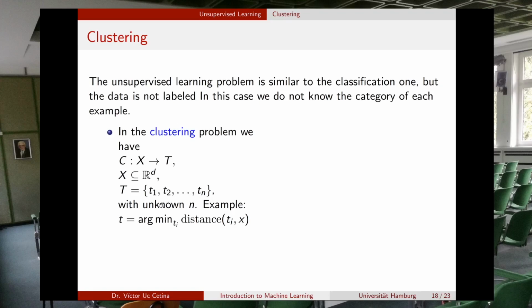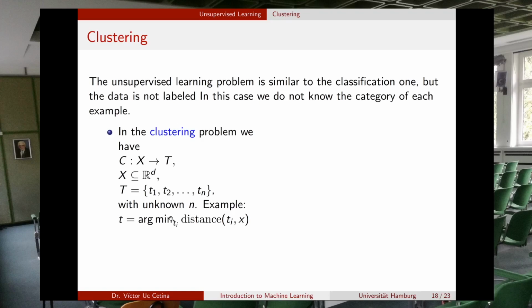Now the definition here is the same as classification, but the problem is that we don't know how many outputs we have. We don't know the value of n a priori, so we need to learn this using our algorithm.